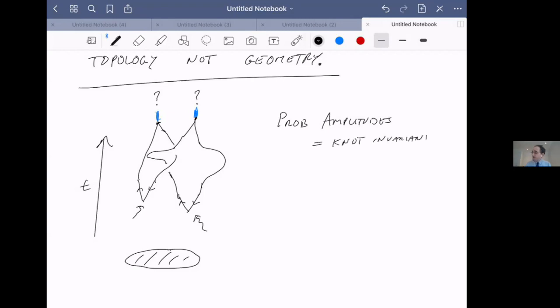Because they are a mapping from an input, which is a picture of a knot, to an output, which is some probability amplitudes, which depends only on the topology of the knot and doesn't depend on the detailed geometry. You can make this look a lot more complicated by folding it over, but as long as you don't use scissors, you will still get the same outcome, the same probability amplitude outcome. Therefore, the probability amplitudes are themselves knot invariants.